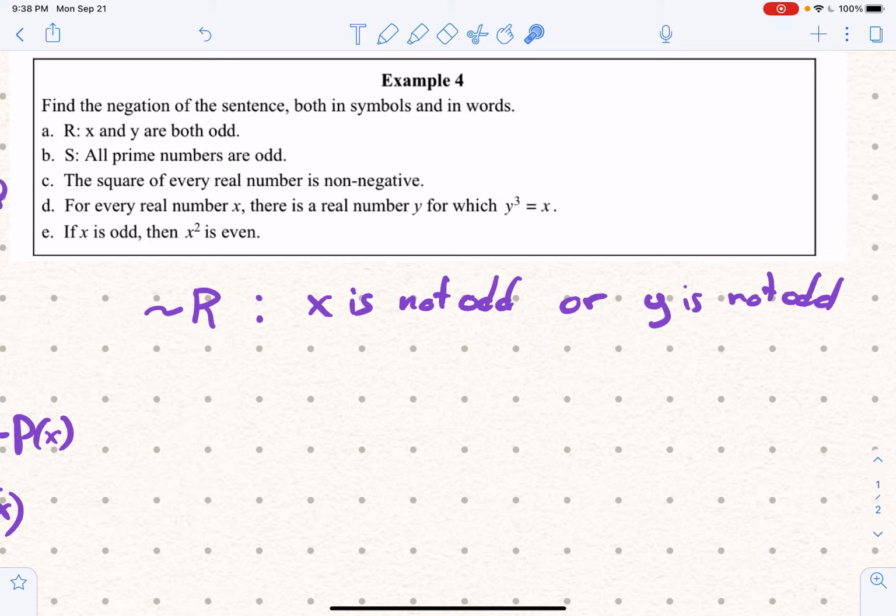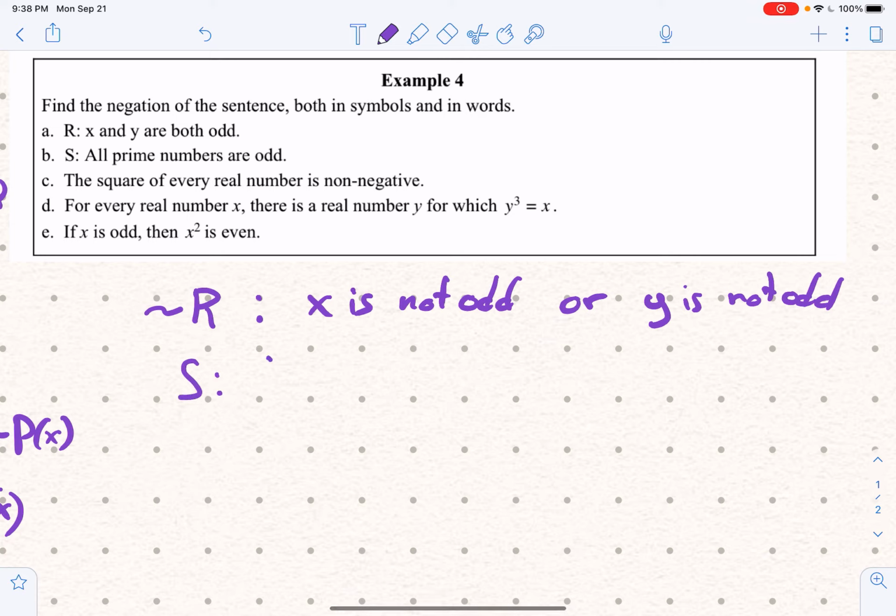Okay, let's see. Next, all prime numbers are odd. So the statement S is all prime numbers are odd. What I'm going to do in this case is first translate S into symbols.